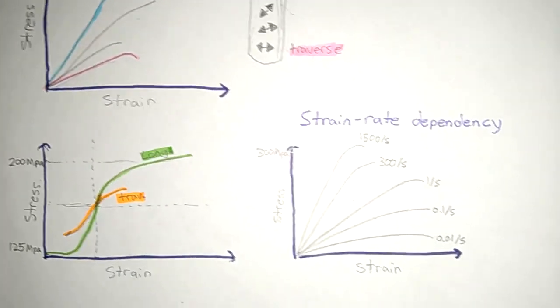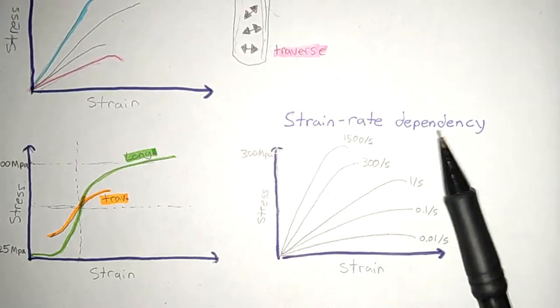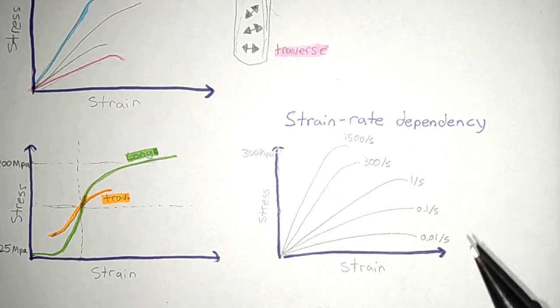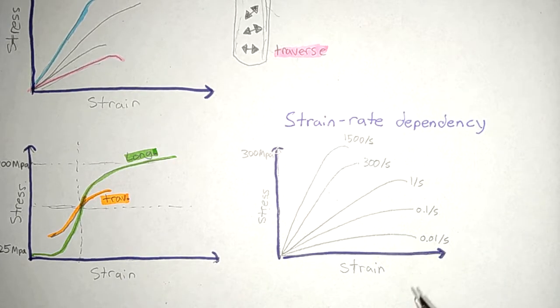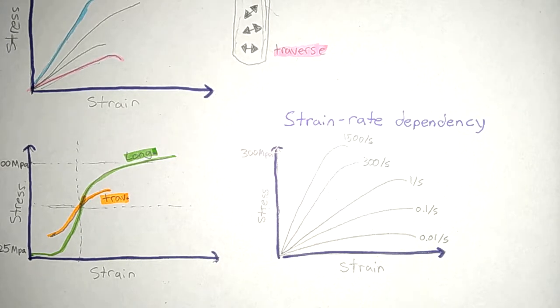Okay, strain rate dependency. What that really means is that depending on how fast you pull the bone, the applied stress would differ. This graph over here is a lot exaggerated.